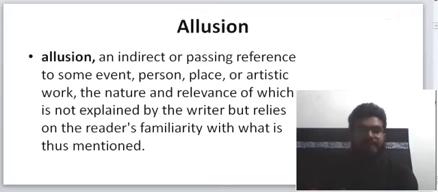He simply refers to an event, person, place, or artistic work. Now, it is up to the reader to develop familiarity with that reference and then relate it to the current reading. How this reference is useful in this piece of writing that the reader is dealing with. So, this is called allusion.